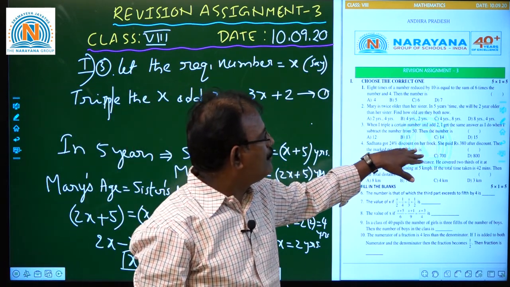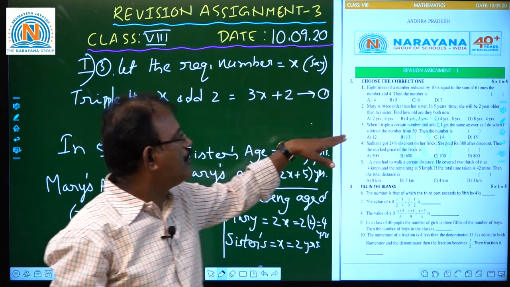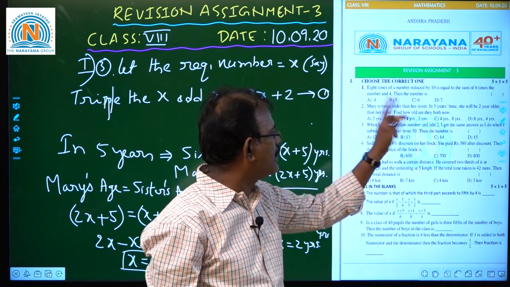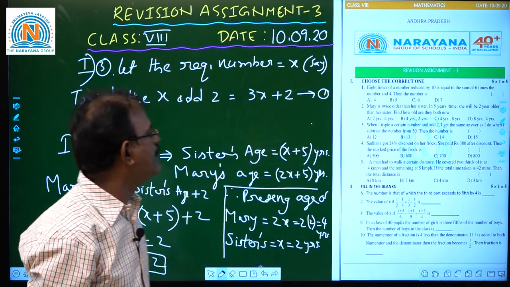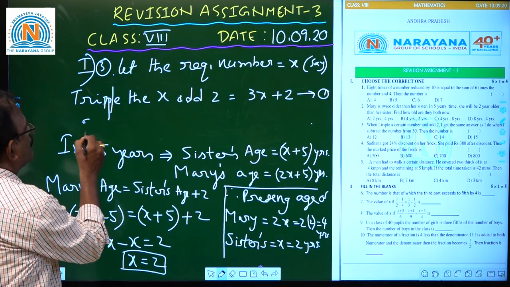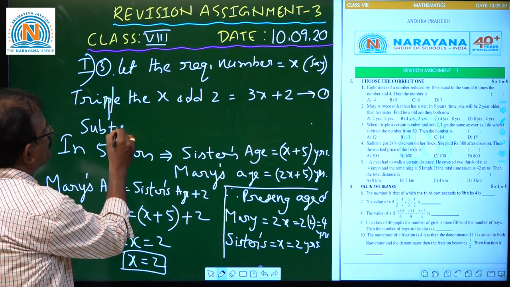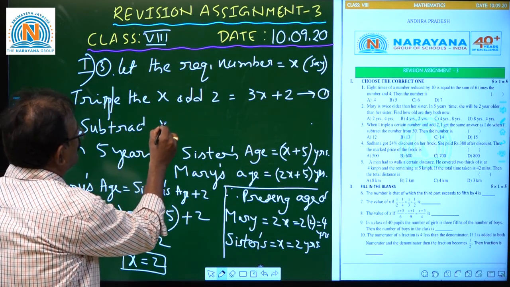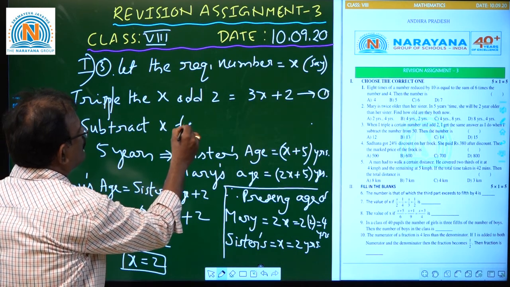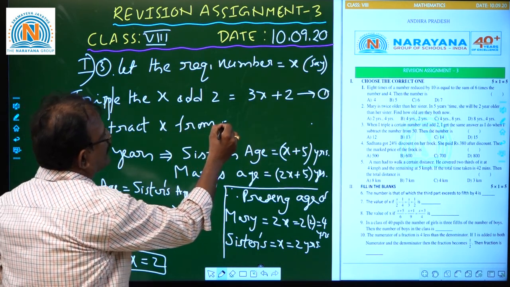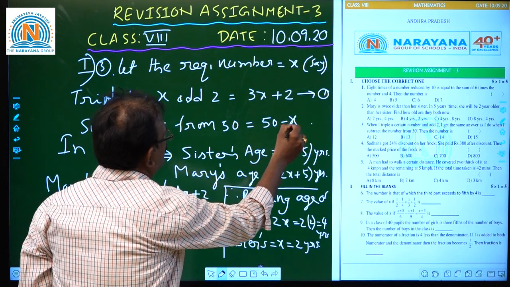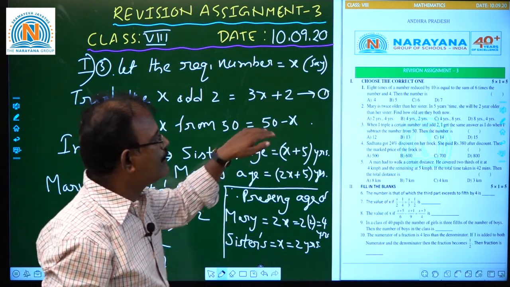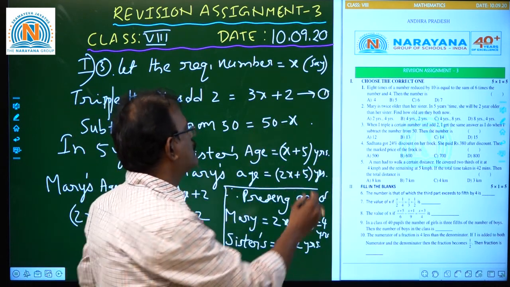At the same time, we get the same result when I do the other operation: subtract the number x from 50. That means 50 minus x will give the same answer.